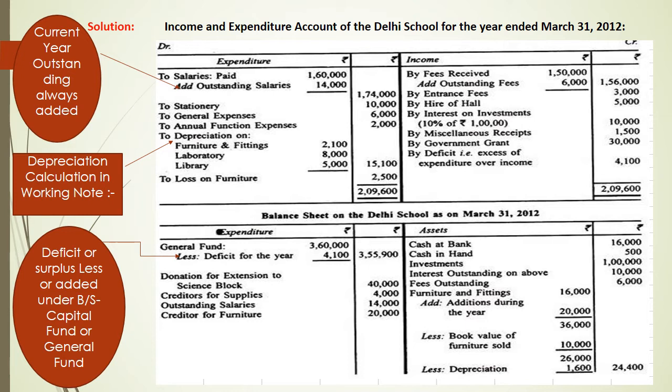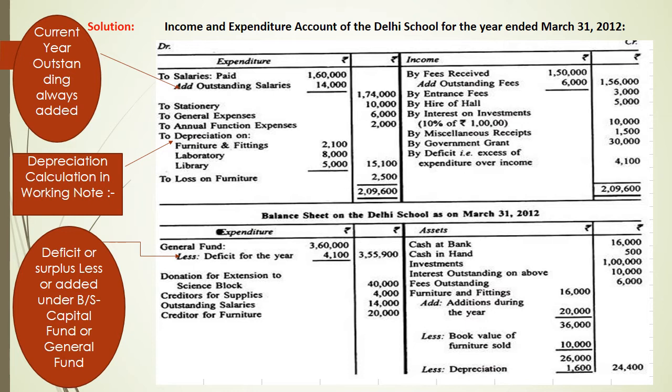Okay, students. Now the loss on sale of furniture is 2,500, which is of a recurring nature, or revenue expenditure. That calculation should also be mentioned in the working note. When we move to the next slide, I will show how we calculate the loss on furniture also. Afterward, these items of expenditure and income are to be recorded.